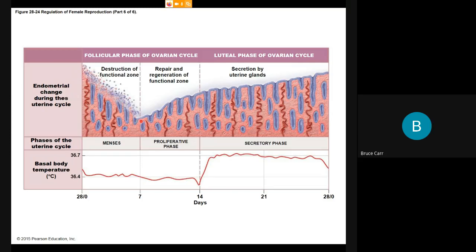starting around day 7. The proliferative phase, or cell division and cell differentiation, is re-thickening this and continuing to thicken it through the secretory phase. During this stage, the endometrium is awaiting the arrival of a fertilized egg.